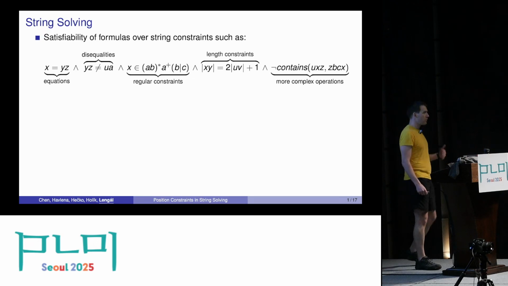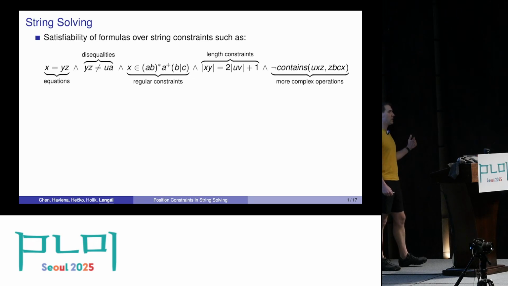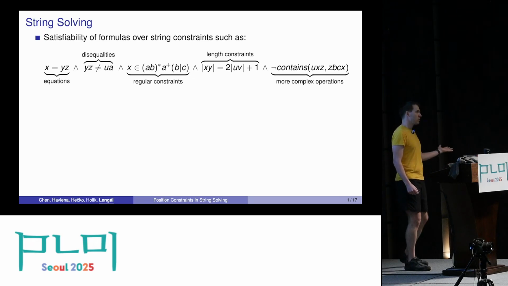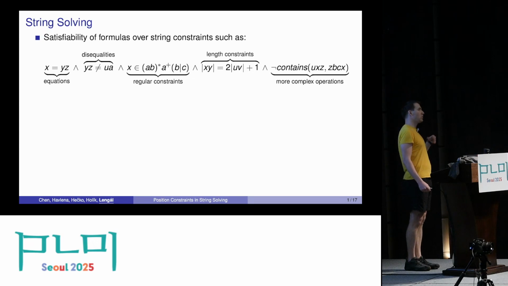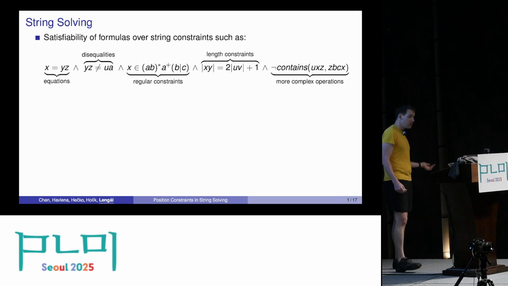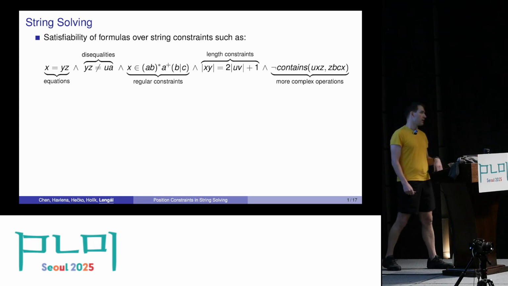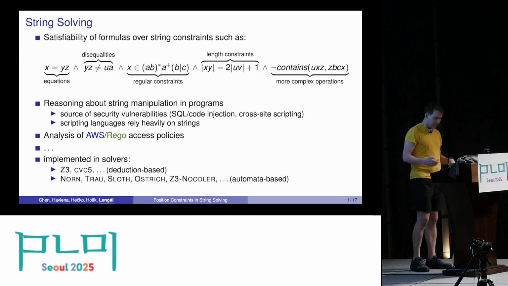You can have some regular constraints, so you want to say that some variable belongs to some regular language. You can have length constraints, so you can say the length of some concatenation of variables is 3 times smaller than something else. Or you can also have some more expressive constraints, such as not contains.